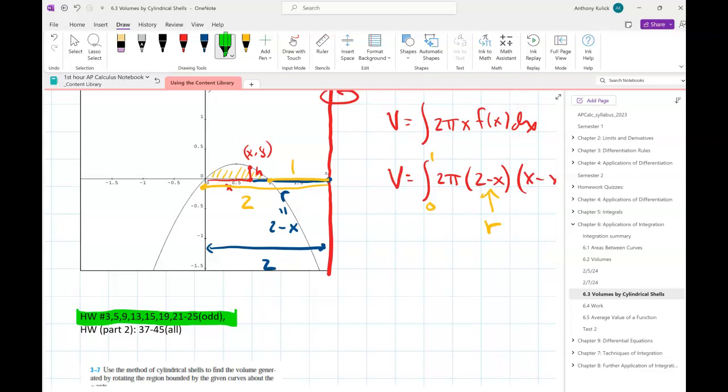And if it makes life easier, just do the setup and handle the integration on your calculator. If it saves you time on these problems, get the setup done by hand and then have your calculator integrate to make sure the setup is correct, that you're getting the same answers as the back of the book, and then go on about your day.